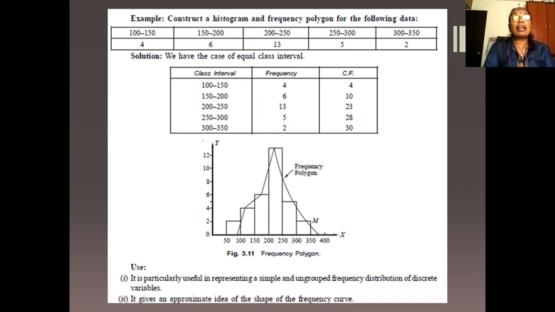Here in this diagrammatic representation, we can see both the histogram as well as the frequency polygon. We have to construct a histogram and frequency polygon using this data.